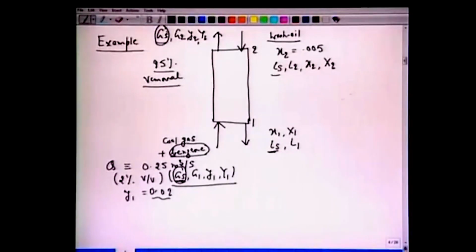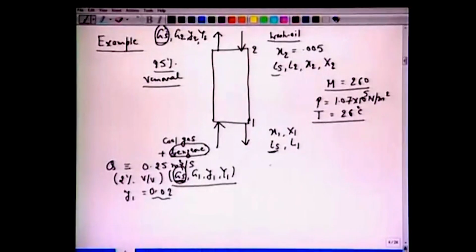Okay, certain physical properties are given here. Molecular weight of this wash oil is 260. Pressure is given 1.07 times 10 to power 5 Newton per meter square. Temperature is given 26 degree centigrade. Now two important things are given here. One, operation, it says similar to what we just discussed a while ago, Ls, solvent flow rate, is 1.5 times the L minimum.